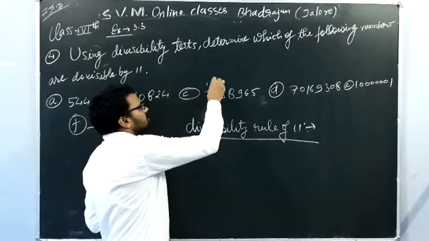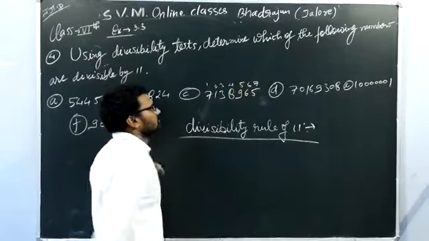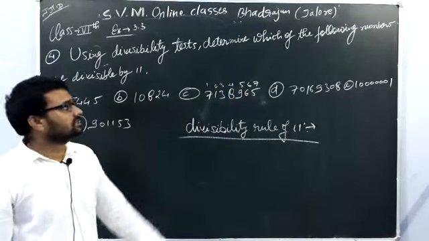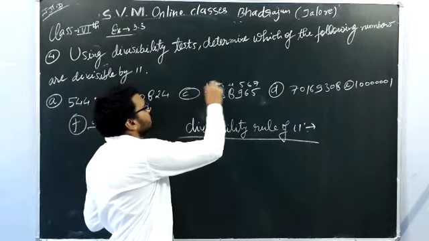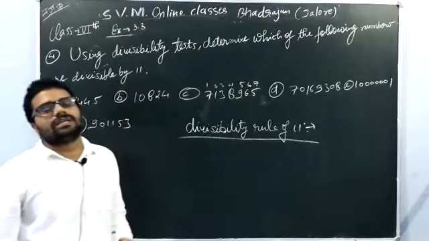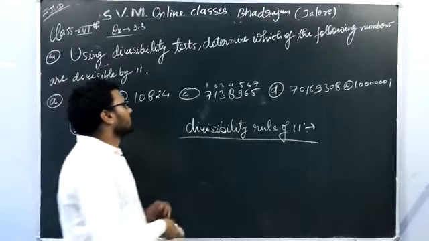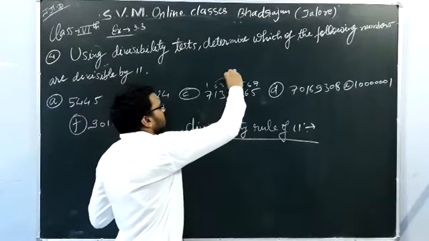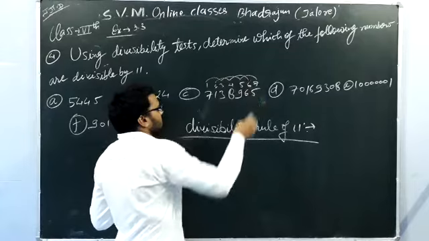This is first place, this is second place, this is third, this is fourth, this is fifth, this is sixth, and this is seventh. Now here we are seeing these places can be categorized in two categories. First one is even, second one is odd. So here we are seeing these are even places, sorry, and these are odd places.